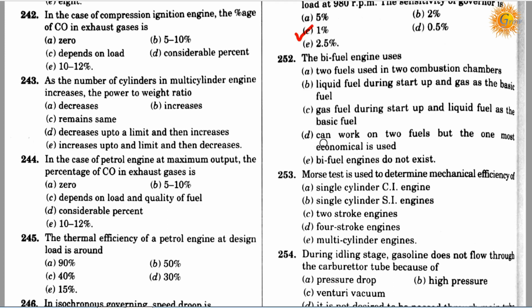Option D, can work on two fuels but the one most economical is used. Option E, biofuel engines do not exist. So the correct answer is B: liquid fuel during startup and gas as the basic fuel.